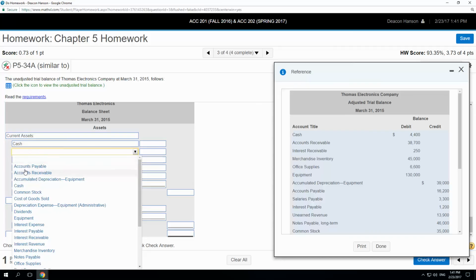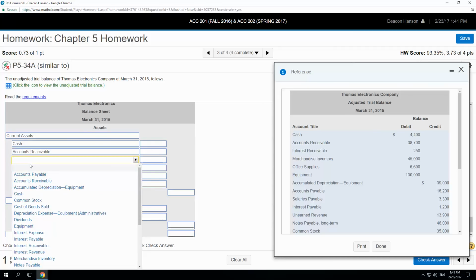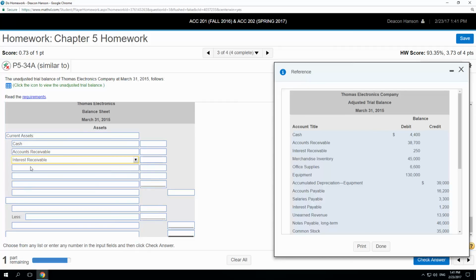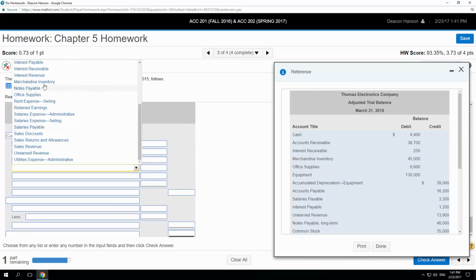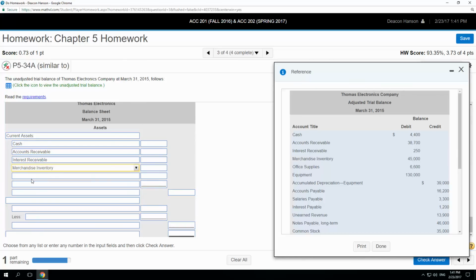We got accounts receivable. We got interest receivable. We got merchandise inventory. And then we have office supplies. Okay? And I'll drop those numbers in and add them up to make a subtotal.